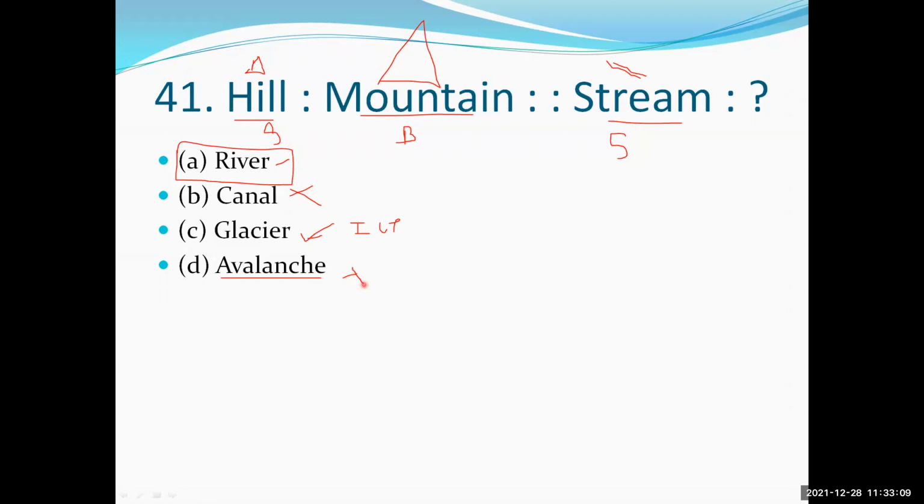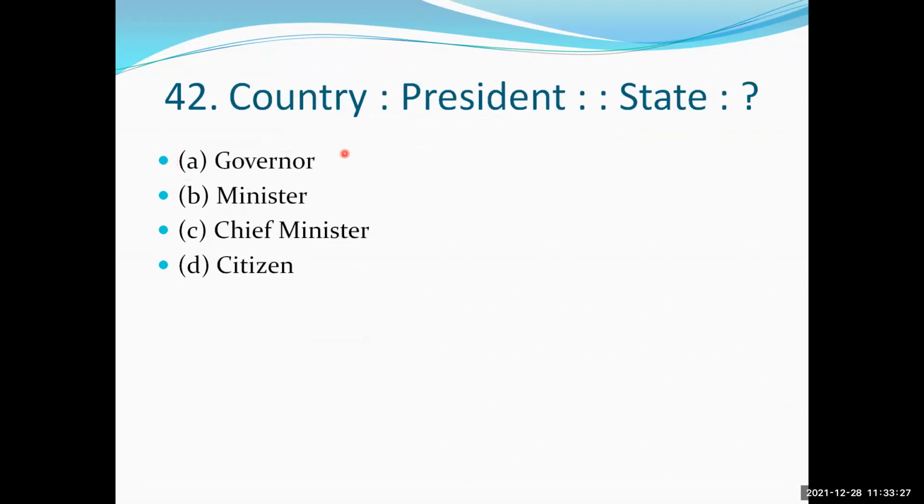So that is not it either. What is the answer here? The correct answer is option A. Everybody answered it right. With this, we will go to the next question, number 42.